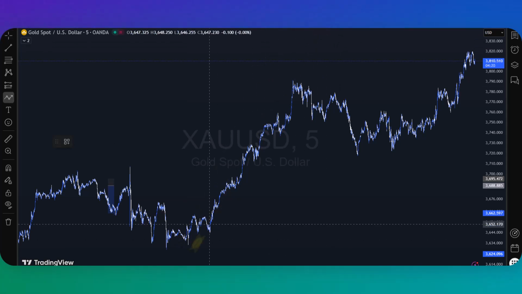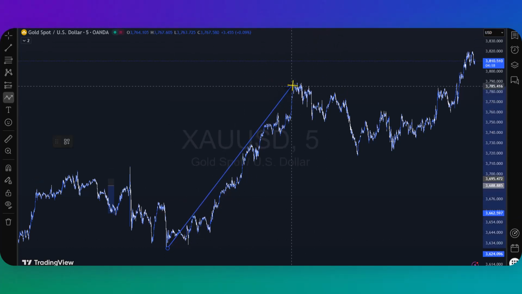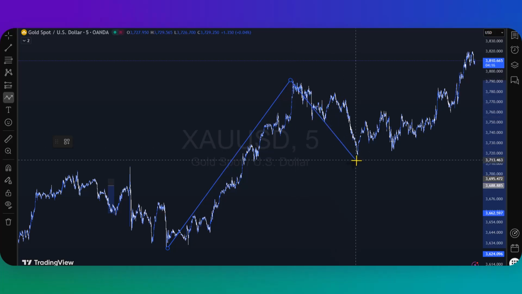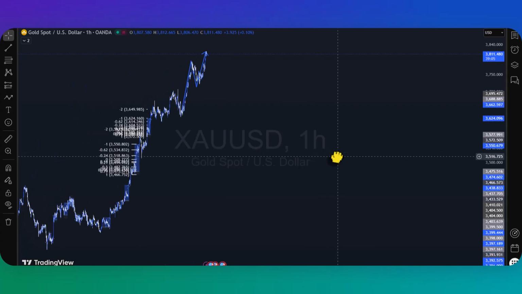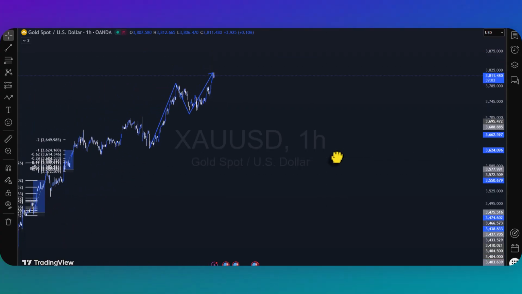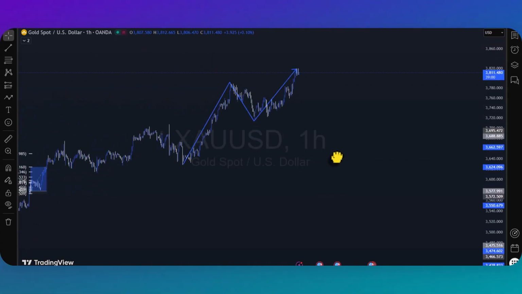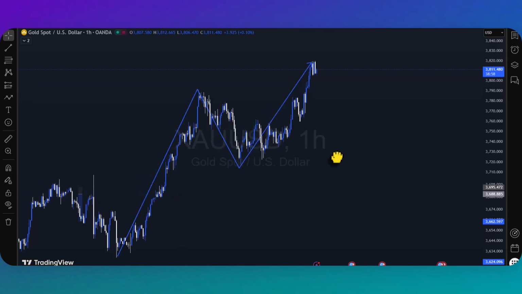Let me just draw the path. The market moved up like this, fell back, and moved like this. Now, this is on the 5 minute time frame, but if I zoom up to the 1 hour time frame, you understand the movement more properly.